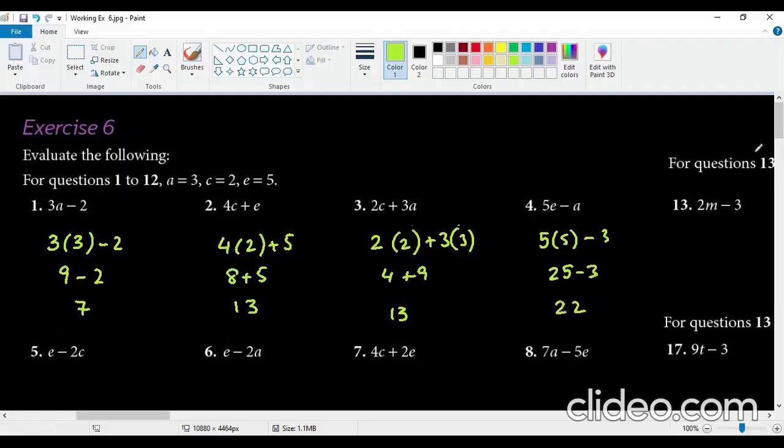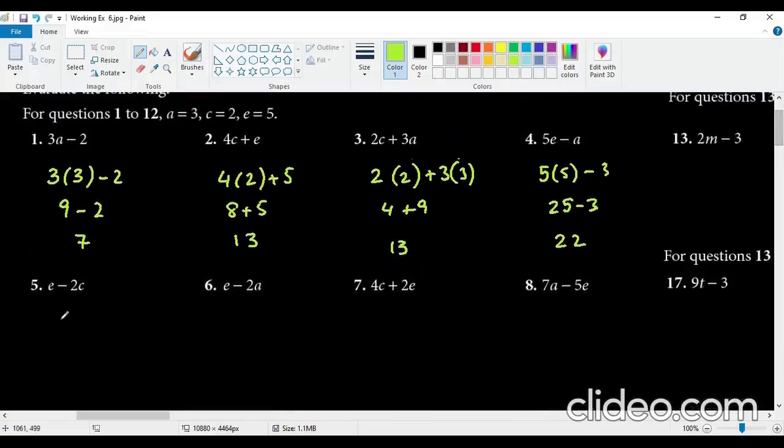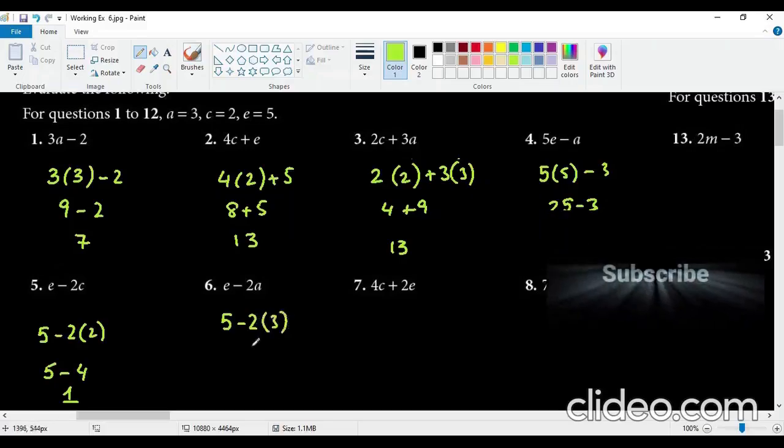When it comes to question number 5, it says e, which is 5, minus 2 times c, which is 2. That means 5 minus 4 is going to give us 1. When it comes to question number 6, it says 5 minus 2 times a, which is 3. That means 5 minus 6 is going to give you minus 1.